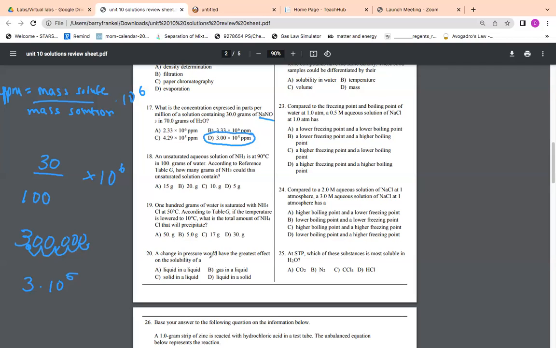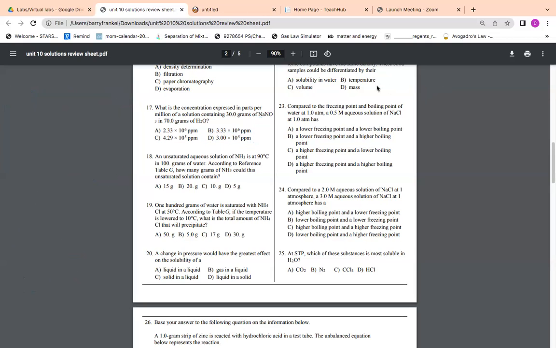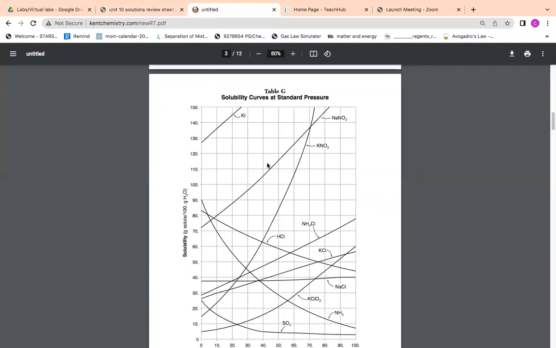Okay. Number 18, an unsaturated aqueous solution of NH3 is at 90 degrees Celsius in 100 grams of water. According to Table G, how many grams of NH3 could this unsaturated solution contain? So we're going to have to go over to Table G. Here we are.